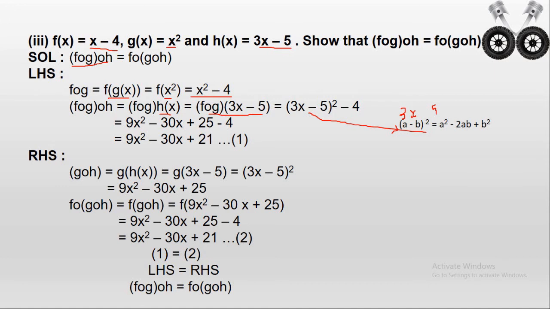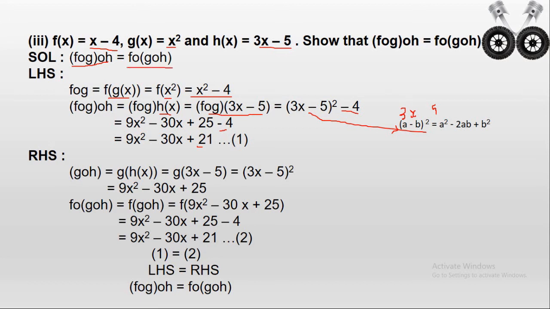So it is 9x squared minus 30x plus 25. Already we have minus 4, so 25 minus 4, the answer is 21. So 9x squared minus 30x plus 21. That is the equation 1, the LHS value. Now you have to find the RHS. So what is the RHS?